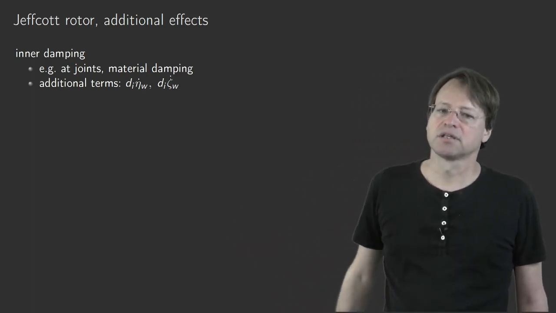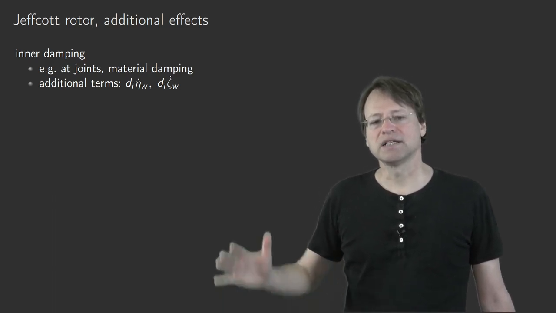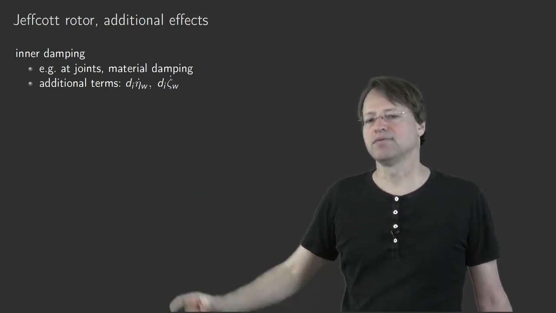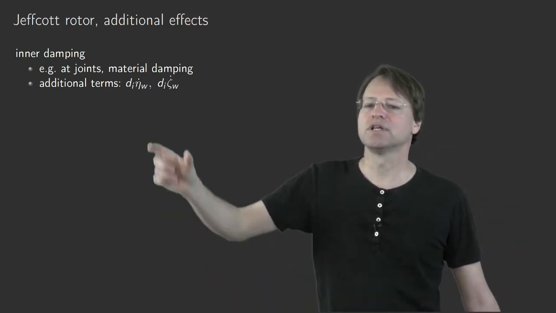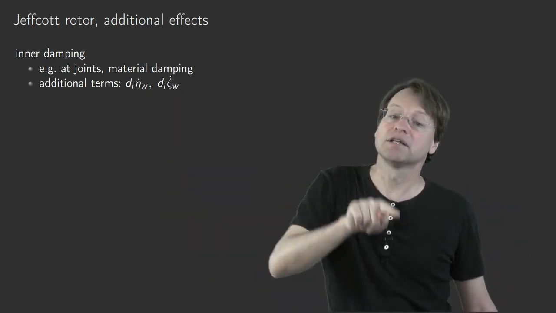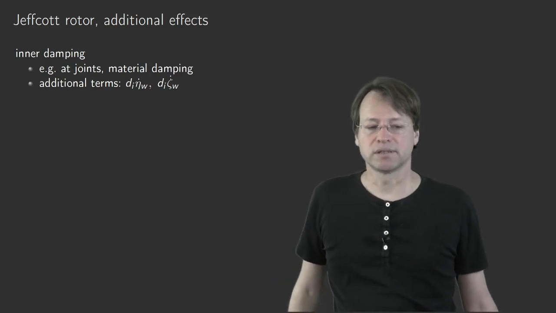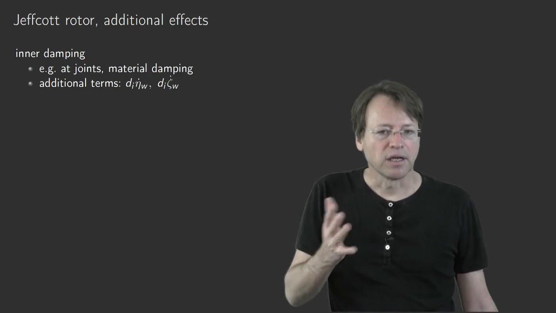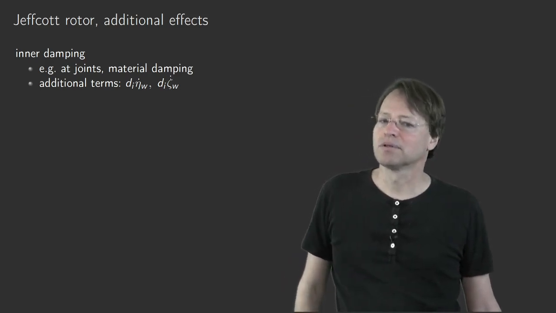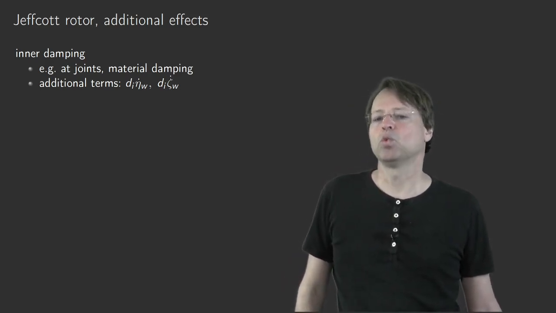And the answer is, we will study this problem still in space fixed coordinates, and we will move the smaller part, namely these two inner dampings, we will represent them in space fixed coordinates. And in order to represent them in space fixed coordinates, guess what? I will use complex notation once again.